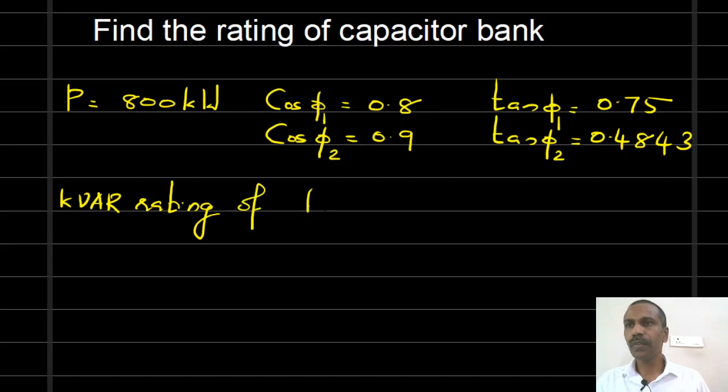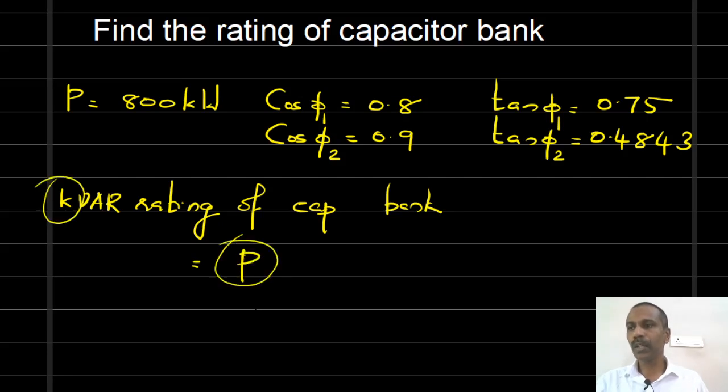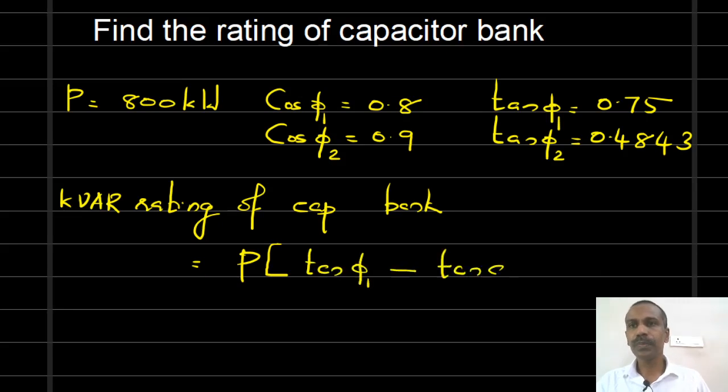Now we will find out the kVAr rating of the capacitor bank. This is equal to the power in kilowatts, because this is in kilo, so this should also be in kilo, into tan phi 1 minus tan phi 2.